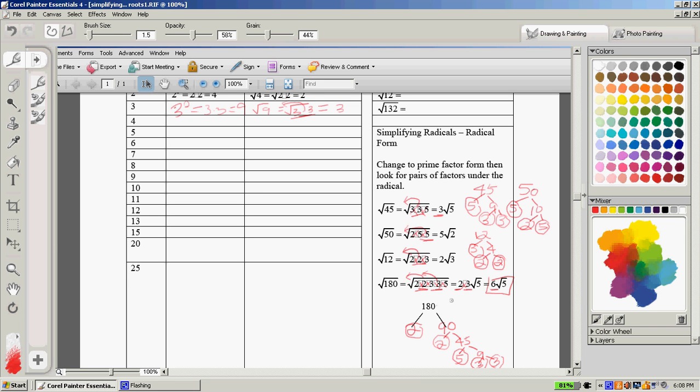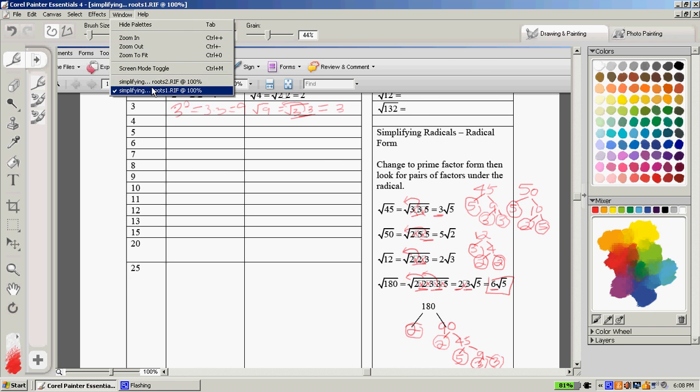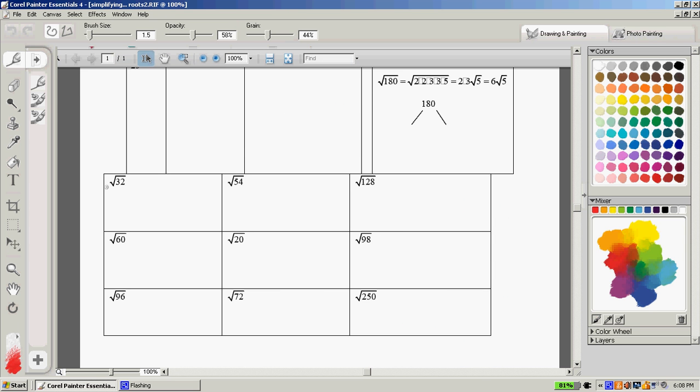Okay? Now, I want you to go to the bottom of your paper. We're going to do one more example together, and then I want you to try the rest on your own. So here we see we have the square root of 32.